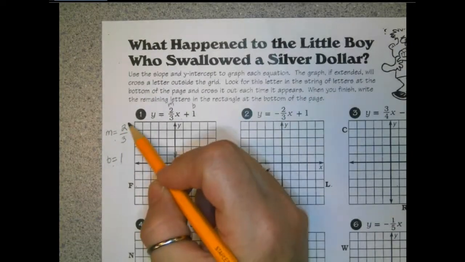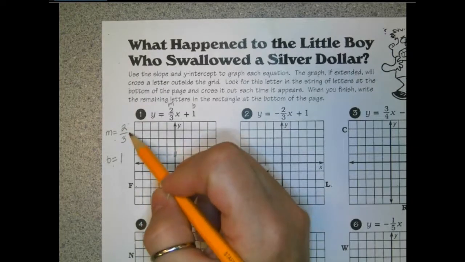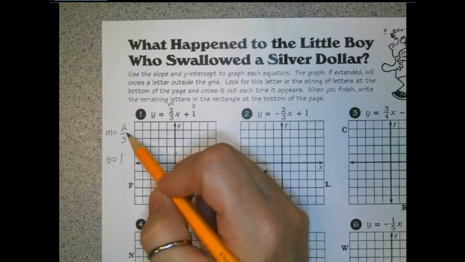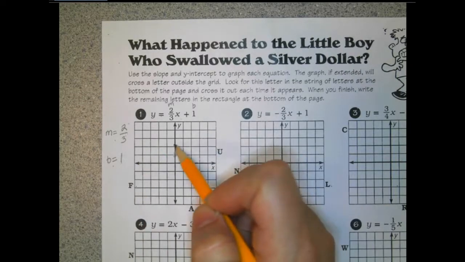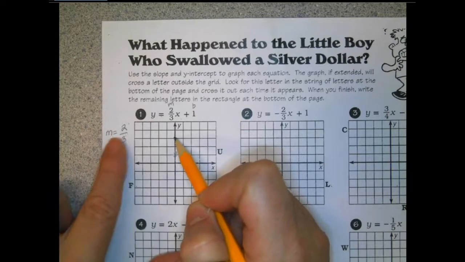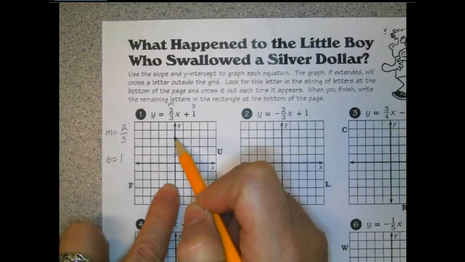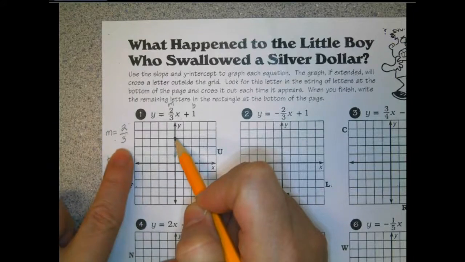Rise will be negative or positive, or up or down, depending upon whether this is a negative or a positive. What kind of number is 2? Positive, so that tells me I'm going to go up 2. If it was negative, I would go down 2. My run, my bottom number, will always be to the right.